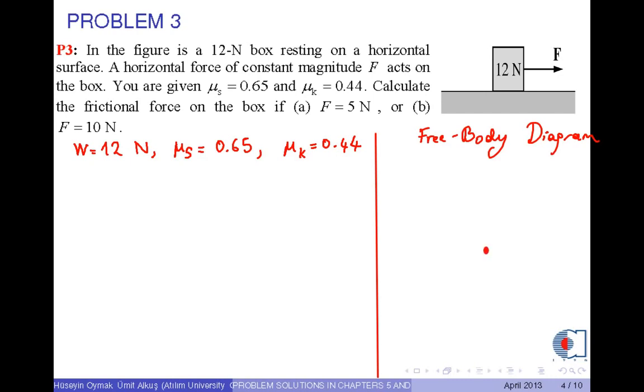First, the object is represented by a point. Second, the surface is represented by a straight line, and we call it x-axis. Then we draw y-axis perpendicular to the x-axis, that is, perpendicular to the surface.